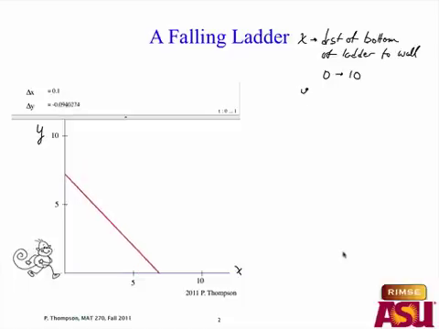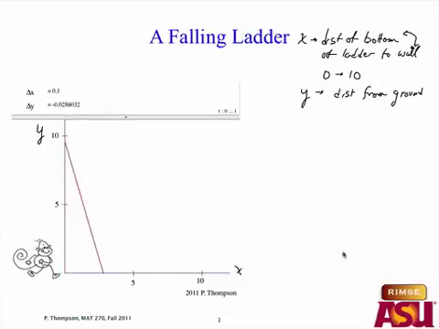All right, what is y? Yeah, distance from the ground to the top of the ladder. I should actually switch these, but it's the same. And in this context, what does the quantity y do?